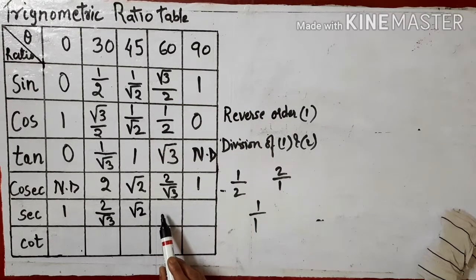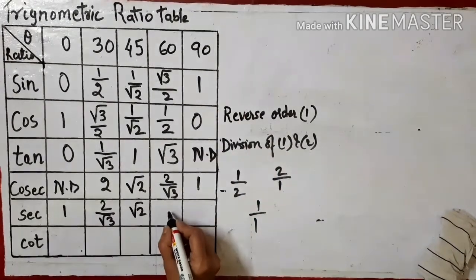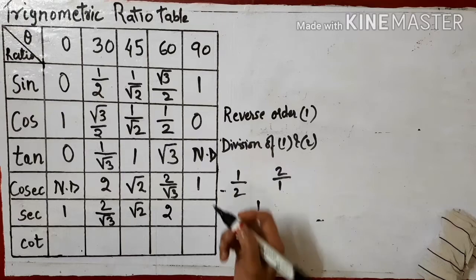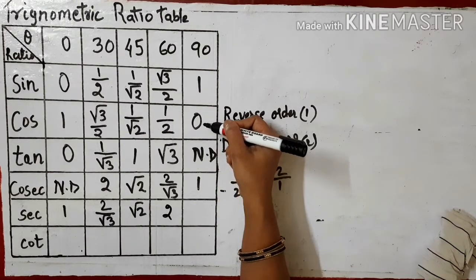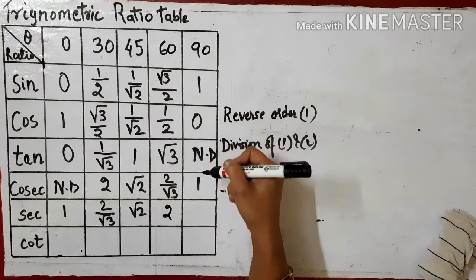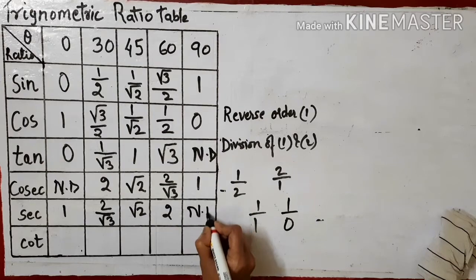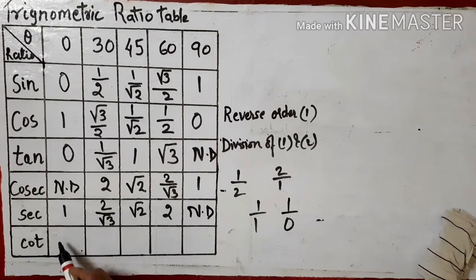Sec of 60 will be reciprocal of 1 upon 2, that is 2. And sec of 90 will be reciprocal of 0 upon 1, that will be 1 upon 0, which is not defined. And the last is cot.